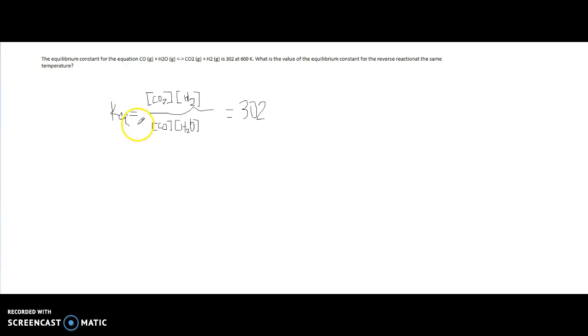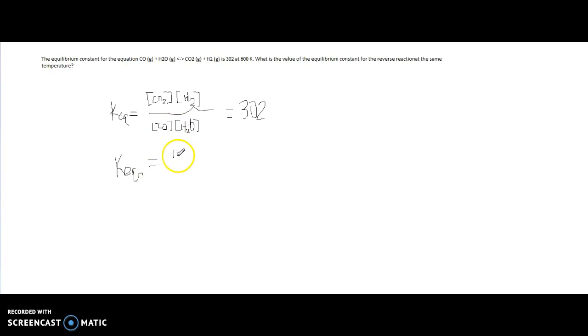So, to figure this out, we just do some basic logic. We know that KEQ of the reverse, and I'm just going to put R instead of writing out reverse, is equal to, just flip them.